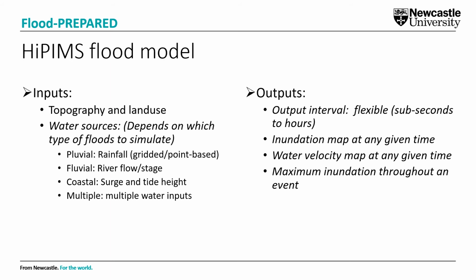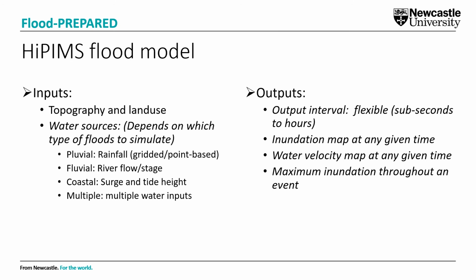HiPIMS needs topography data, land use data, and water sources data to run a simulation. And the water sources can be rainfall, river flow, or surge and tide height time series, depending on which type of floods we want to simulate.